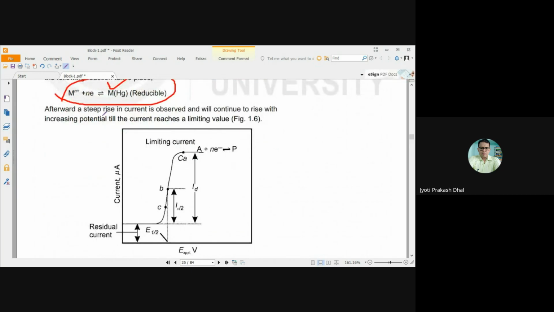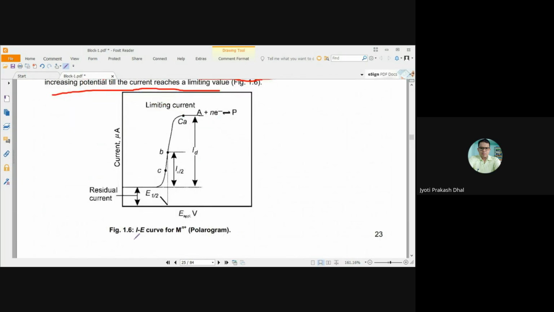After that, a steep rise in the current is observed, and it continues to rise with increasing potential until the current reaches a limiting value. So this is the I versus E curve, the polarogram. Here the x-axis is the applied voltage and the y-axis corresponds to the current in microamperes.